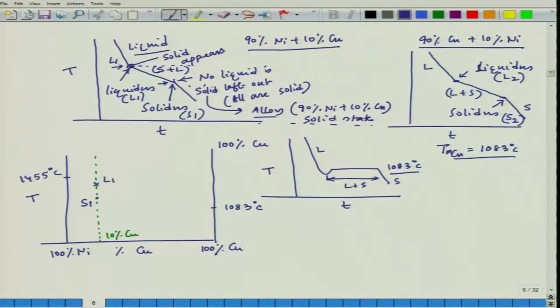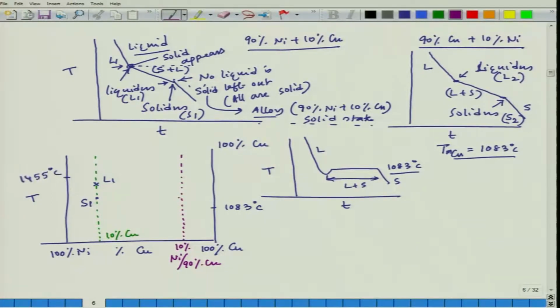Now, on the other side, if we try to put these values here, let us say this is 10% nickel or 90% copper, then there would be 2 points again, and those points will lie lower than these points.